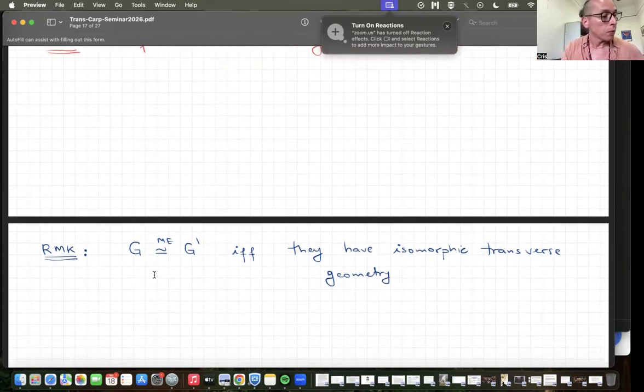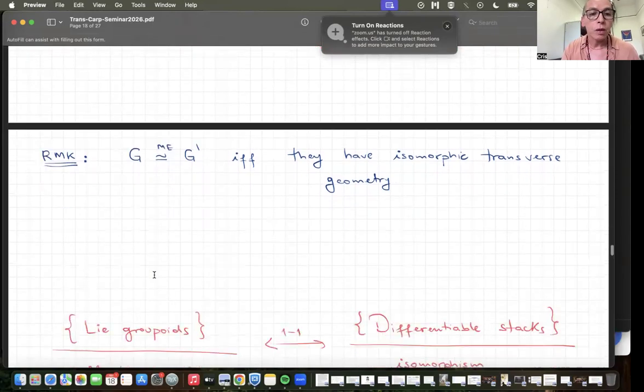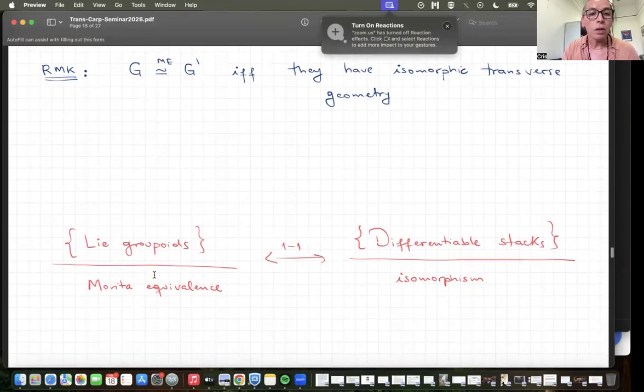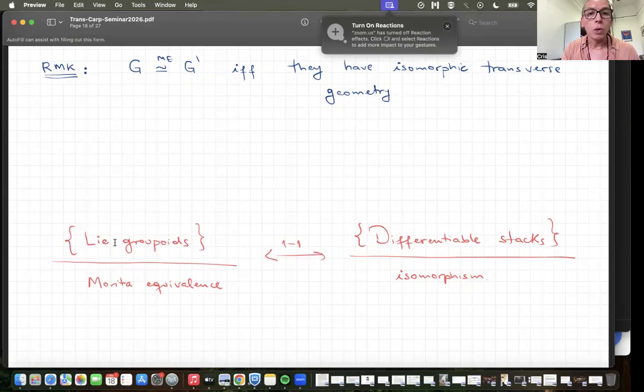And there is a more modern way of saying this, which is the following. There is a one-to-one correspondence between Lie groupoids up to Morita equivalence and some objects called differentiable stacks up to isomorphism.